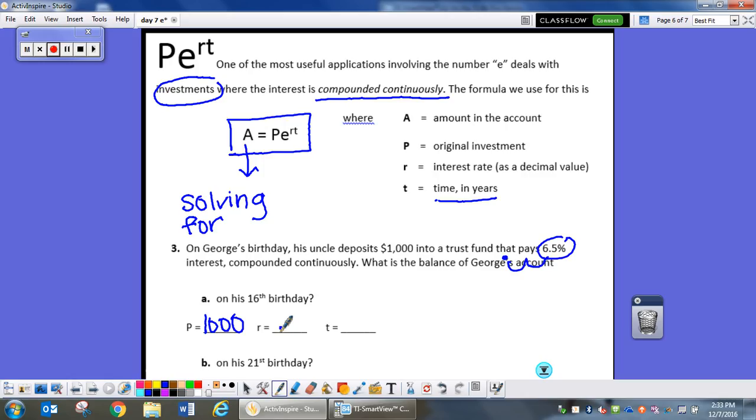So it's really 0.065 and 16 years. So all you have to do is 1,000 times e to the 0.065 times 16 power.